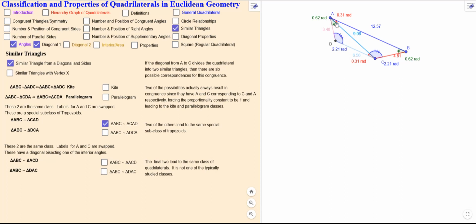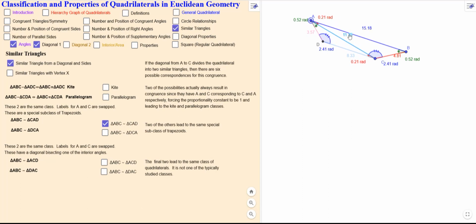And so we see that the big angle at A, that is angle BAD, and the angle CDA are supplementary. That makes this a trapezoid. Of course, you get the same relationship on this other end. This time it's the blue and the red together, plus the green up here. So these are similar triangles.